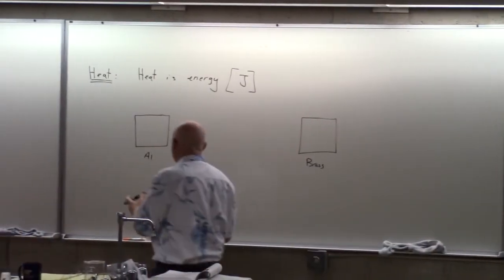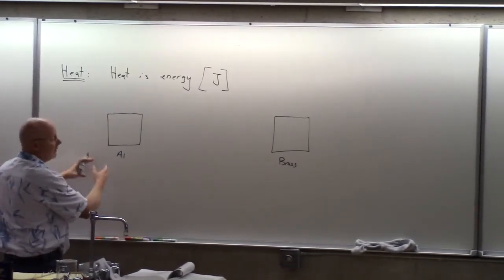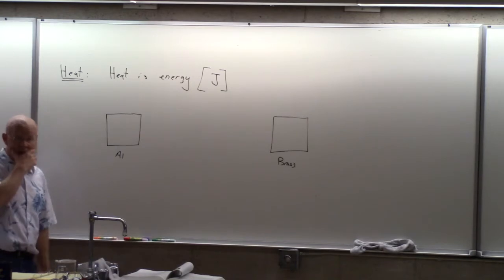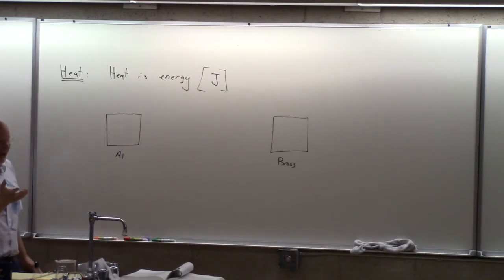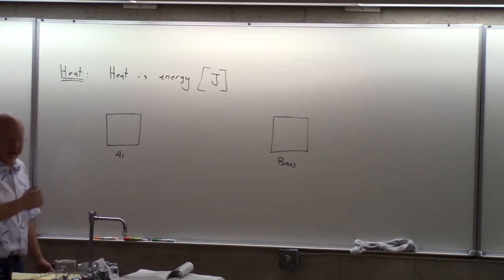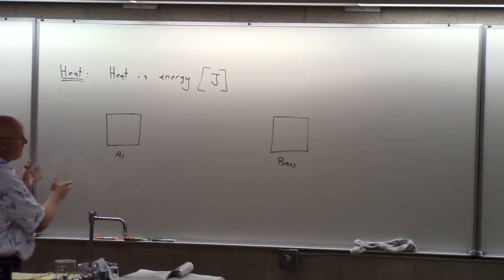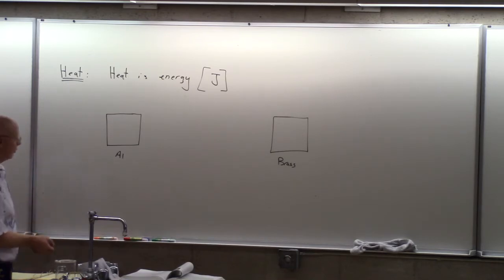You could ask, what would it take to raise the temperature of aluminum? In other words, how much energy would it take to raise it? Obviously if you raise it 1 degree, that's going to take less than 2 degrees, which is going to be less than 3 degrees. So it must depend upon how much you raise it, not the material itself.